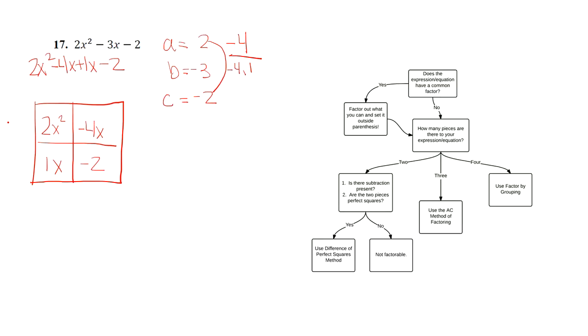Looks like this row we have a 2x, 1x, -2, and 1, right? So my answer would be x minus 2 or 1x minus 2, depending on how you want to write that, times 2x plus 1.